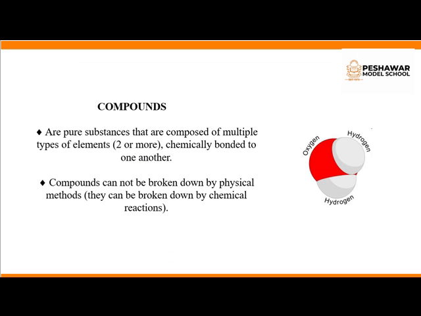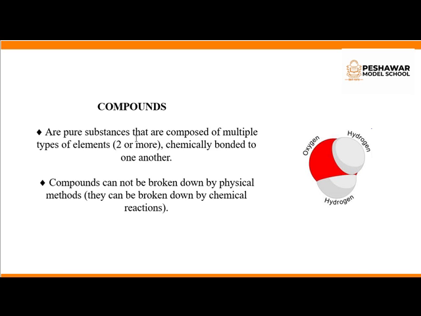Compounds: whenever two or more than two elements combine in such a way that they form a completely different thing, which we call a pure substance. And compounds can only be formed by a fixed ratio of elements, or you can say by a fixed ratio of constituents.